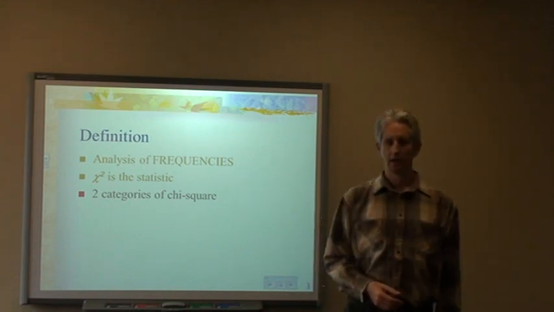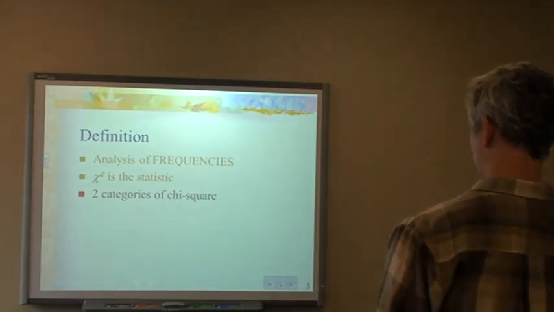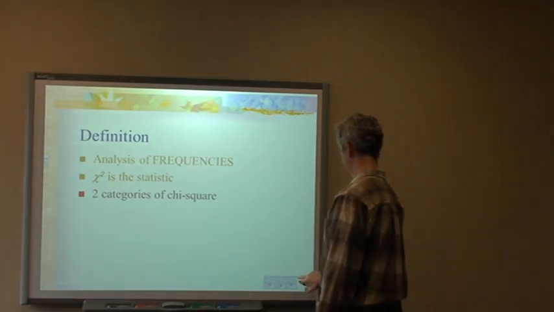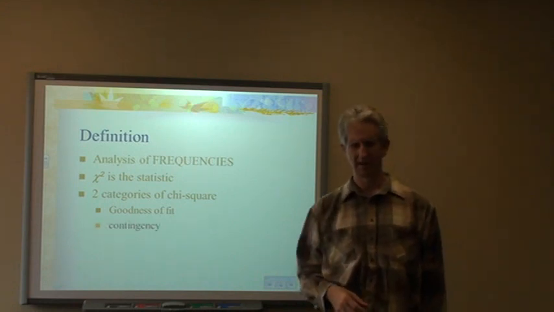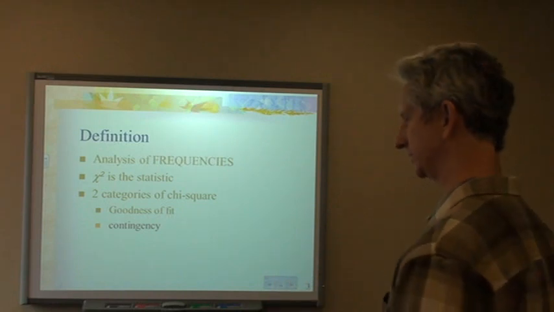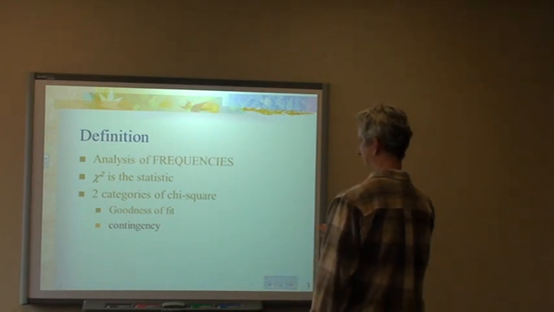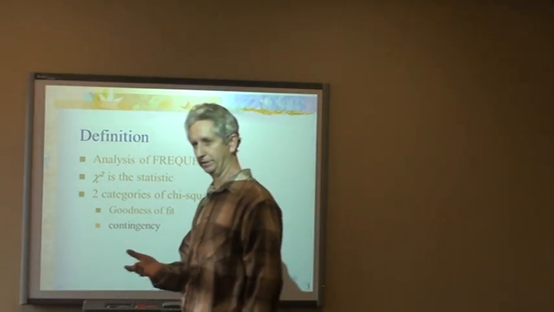And we intimated just a few seconds ago that there are two primary categories of the chi-square analysis. First is the goodness of fit model, by far the simplest of the two models. And the second is the one that's more of a contingency analysis. Chi-square as a procedure is really not a very complicated procedure.